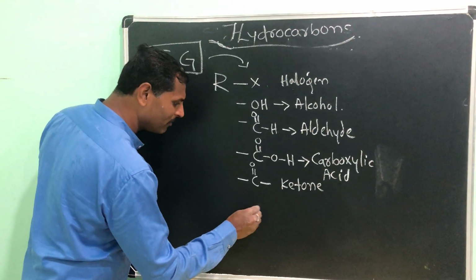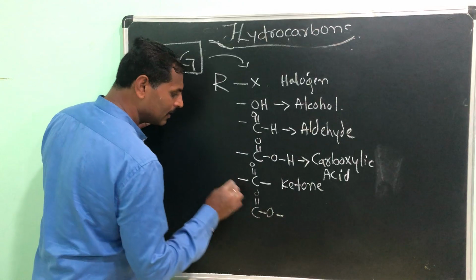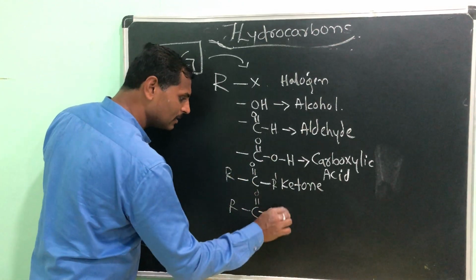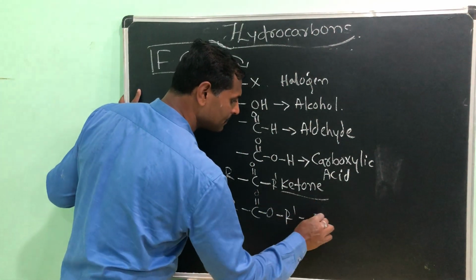Okay, and one more I will take, C double bond O, and this side R, this side also R dash. This is ketone, this is ester.